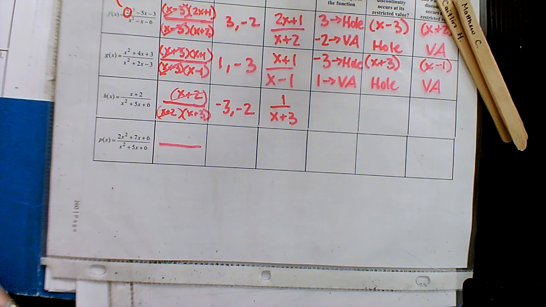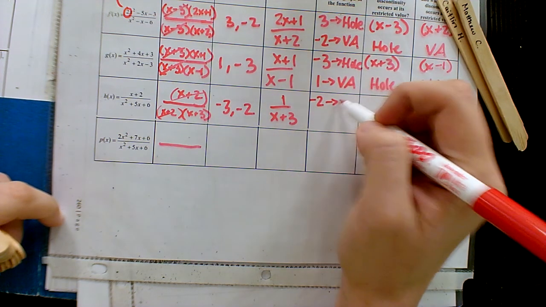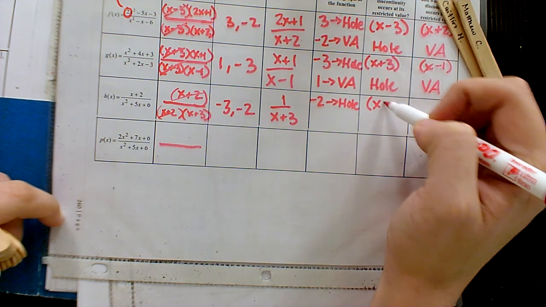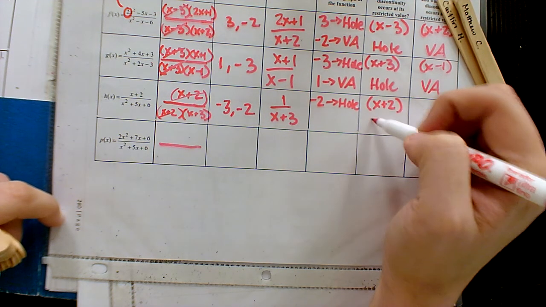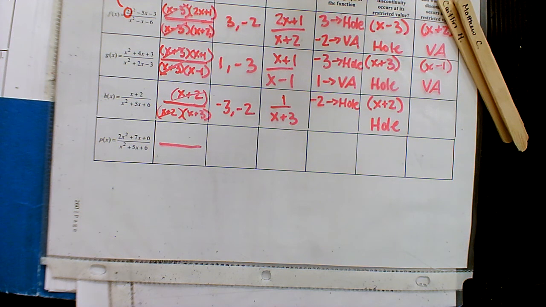Matt, can you find a hole or vertical asymptote for us? Just do one. -2 is the hole. Because? Because it cancels out on both the top and bottom. Okay, so the factor that canceled was the x plus 2, and that creates a hole at its respective x location.